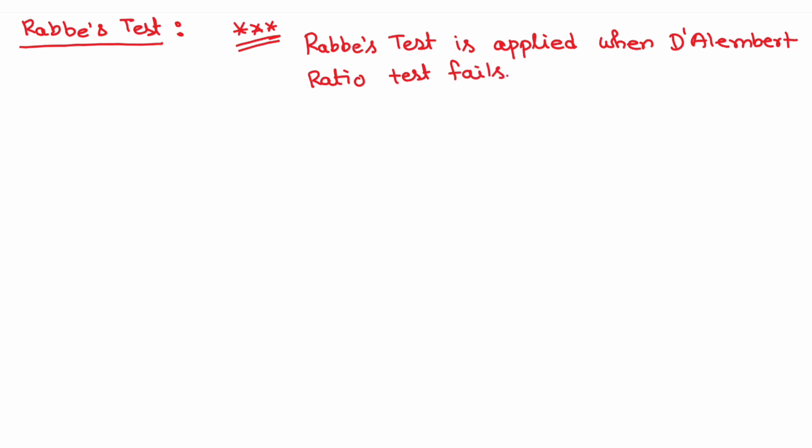Clear? So first of all, we have to show that D'Alembert ratio test fails, then we can use Raabe's test. Okay, so let's start.